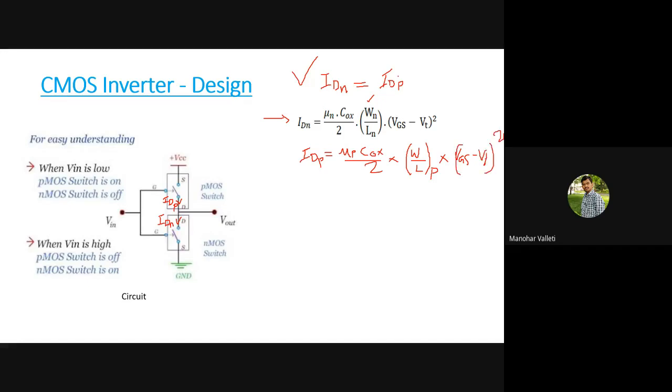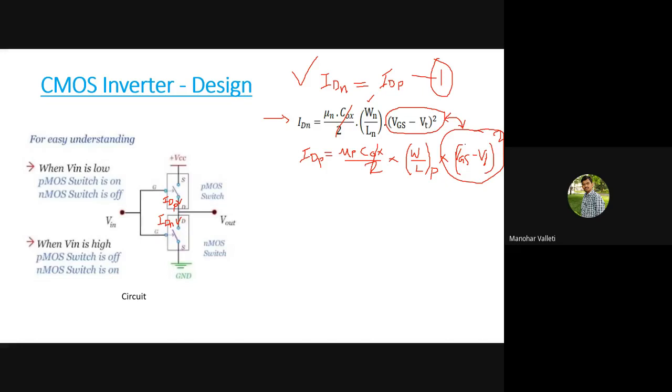So I'll substitute these two in equation 1. So you'll get what? This common term will cancel, right? These two will cancel each other. I am assuming that (VGS minus VT) square in NMOS and PMOS are the same; then only I can cancel them.